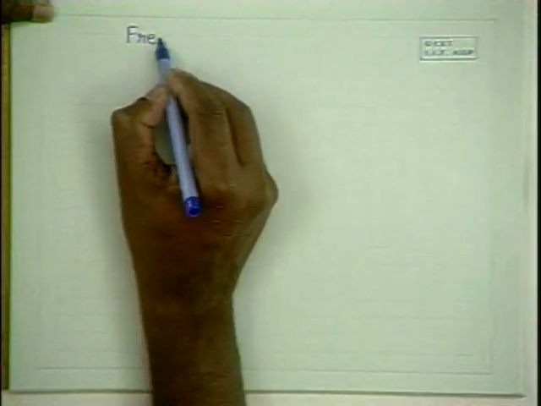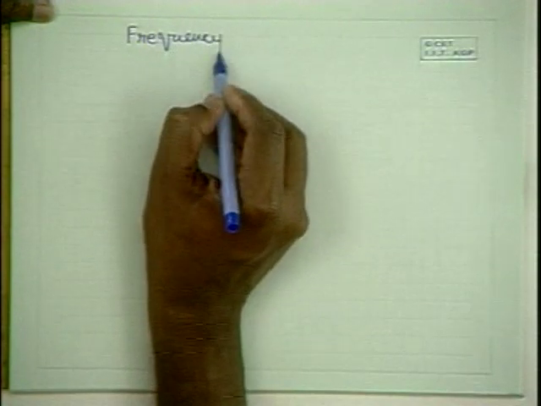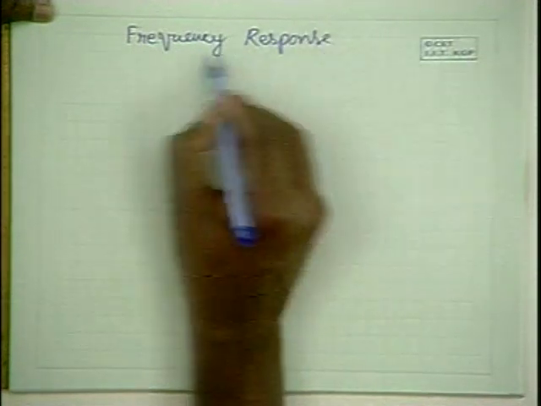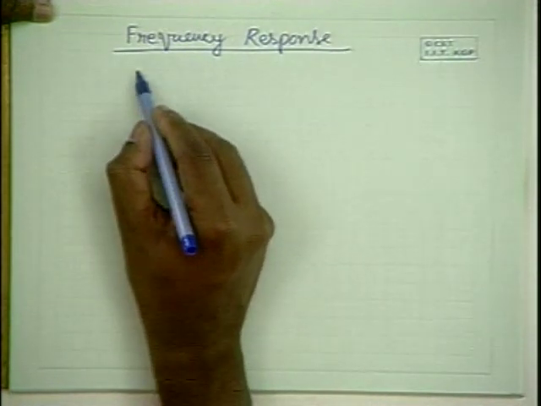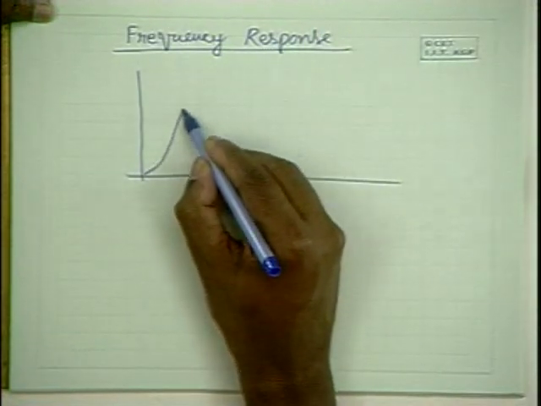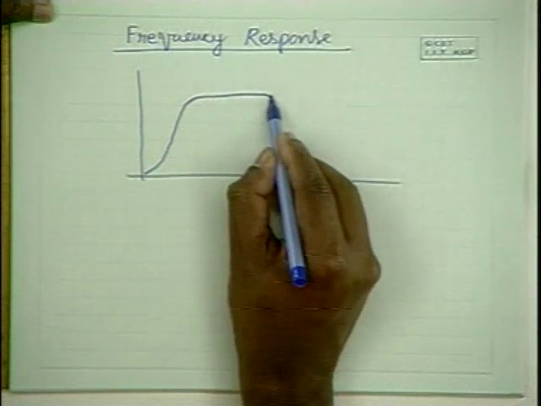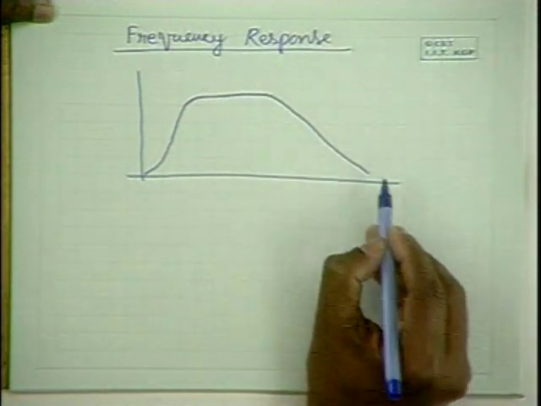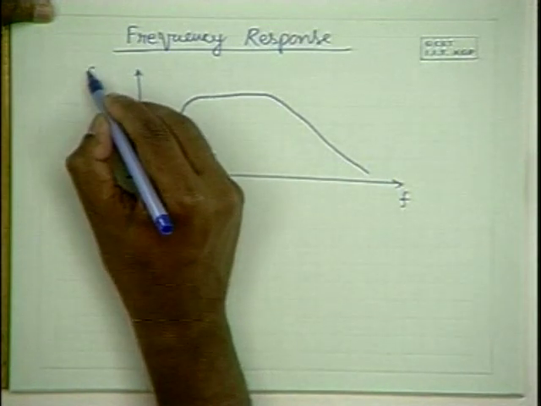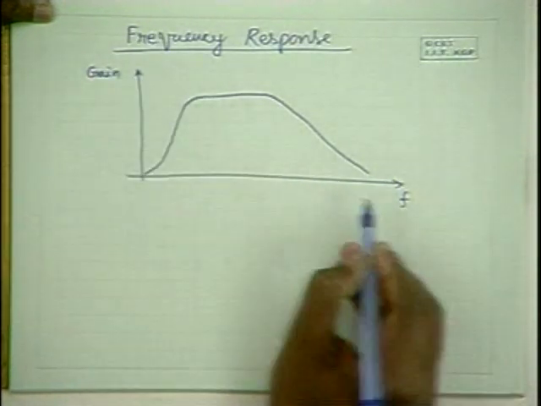So the frequency response of an RC coupled amplifier looks like this. This is gain versus frequency.